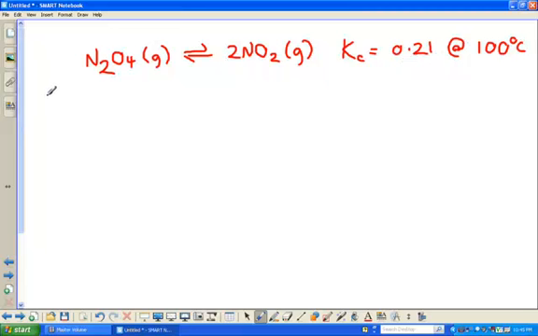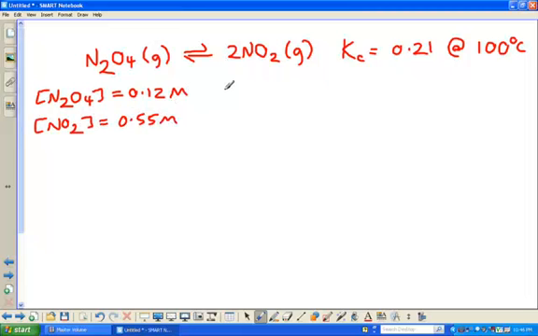It says at one point during the reaction, the concentration of N2O4 is 0.12 molar. Okay, and at that same time, the concentration of NO2 is 0.55 molar. So the first question is: is the reaction at equilibrium?